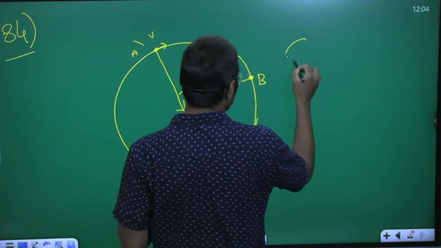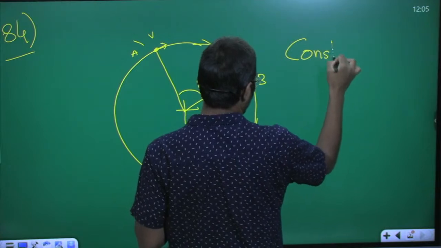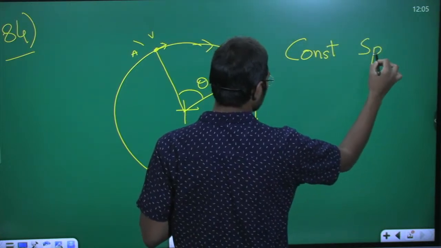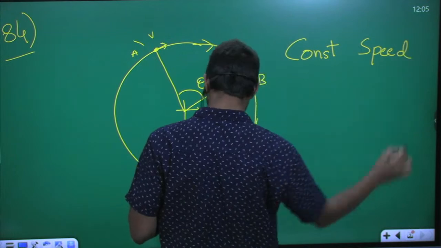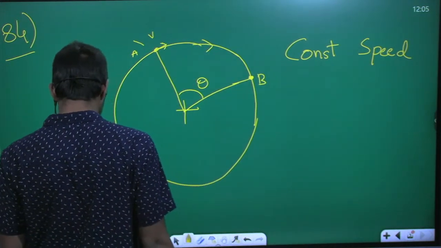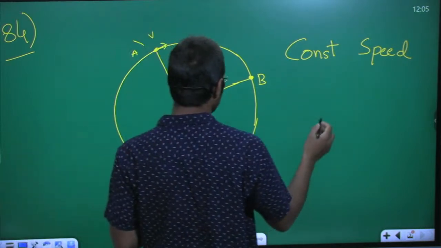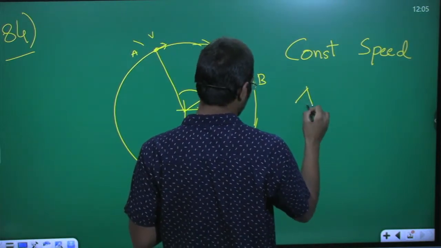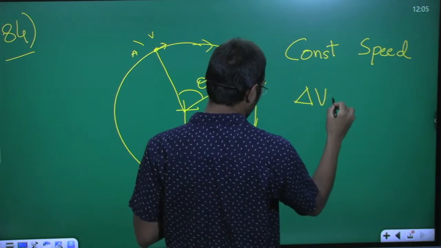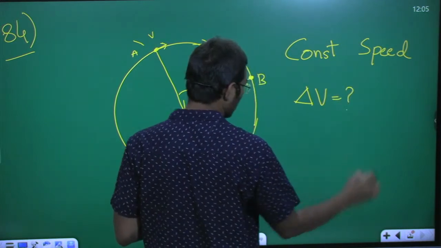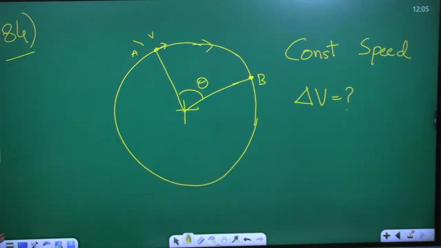The key words given are constant speed. The question is its change in velocity as it moves from A to B. So does velocity really change?